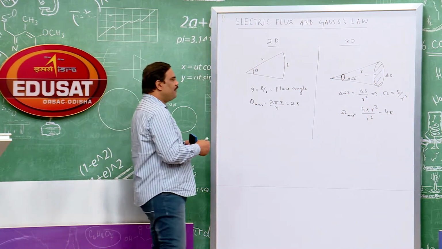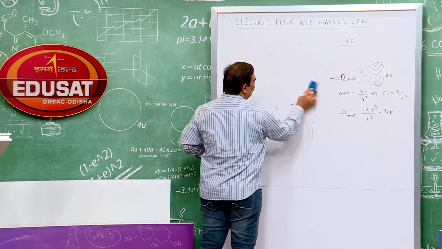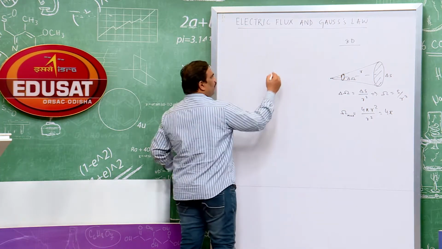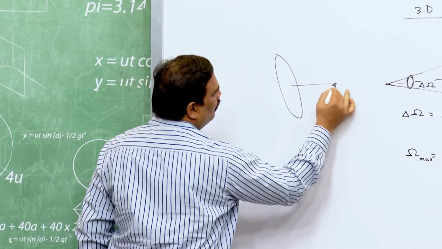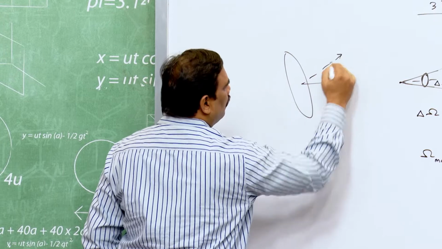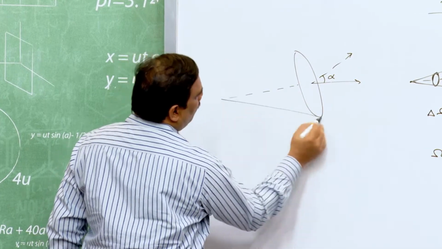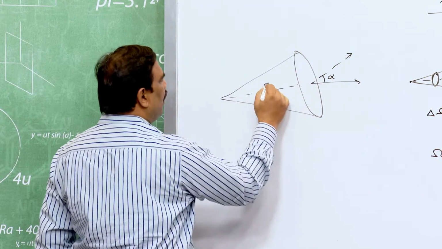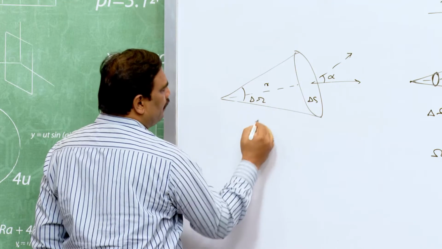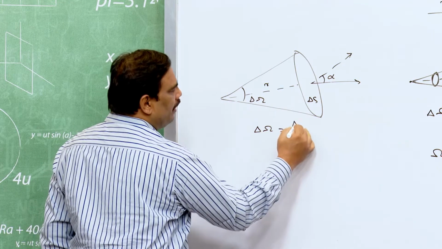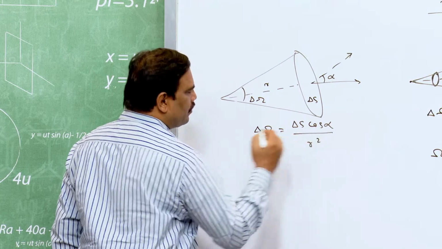If the surface is making an angle alpha with the radius vector, with the radius r, then in this case my delta omega will be delta S cos alpha divided by r square.